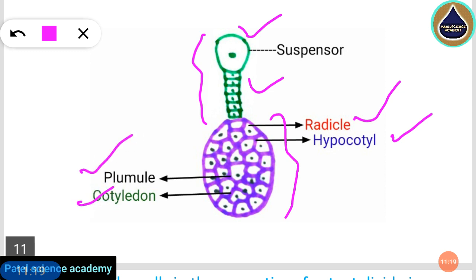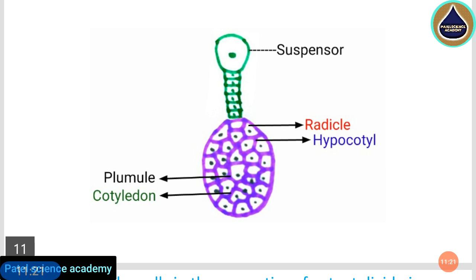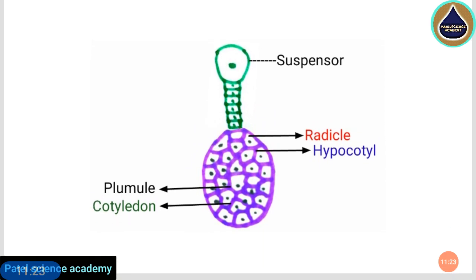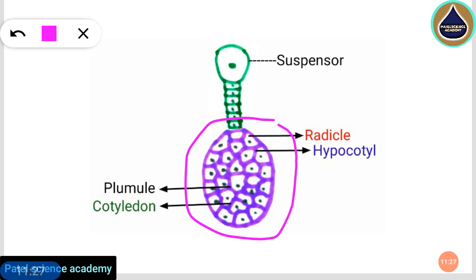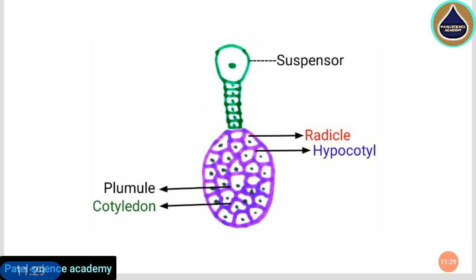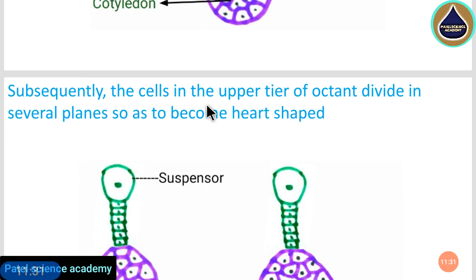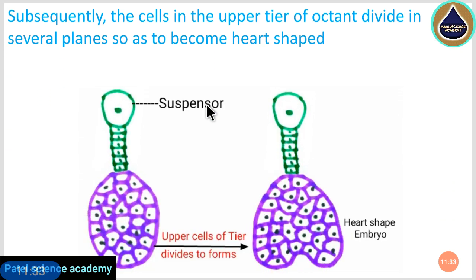Now just this octant, now this octant is just going to change its shape, and what are the changes I'll explain in the next slide. Subsequently, the cell in the upper tier of the octant divides in several planes so as to become heart shaped.